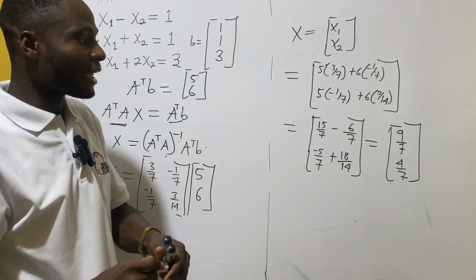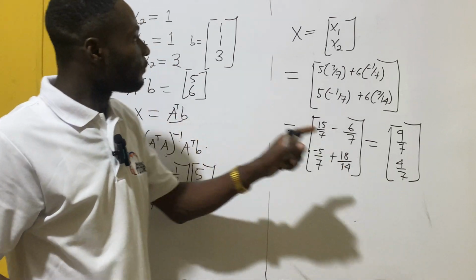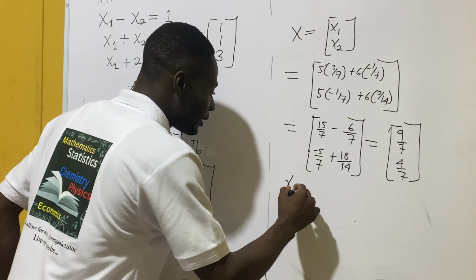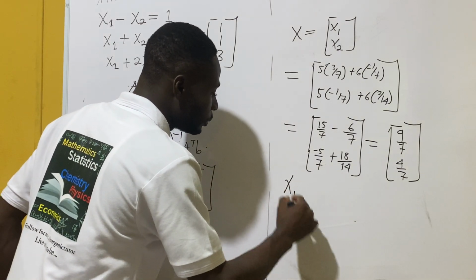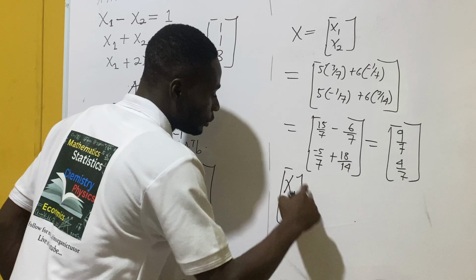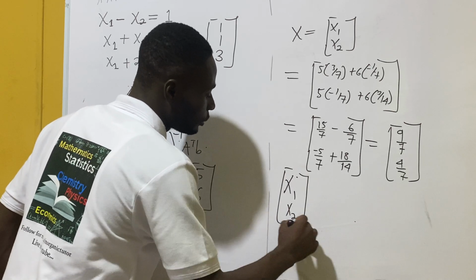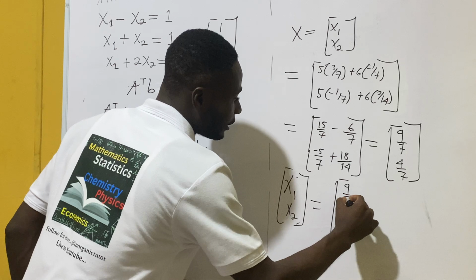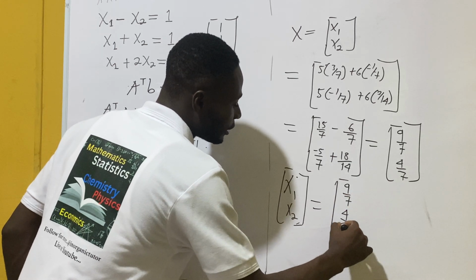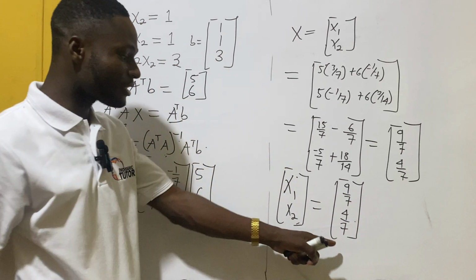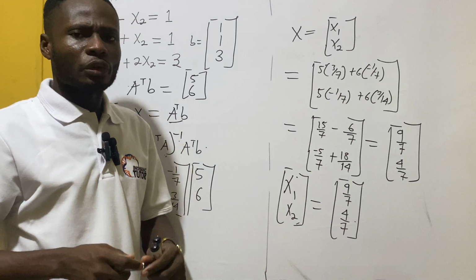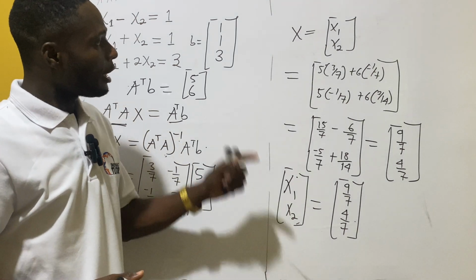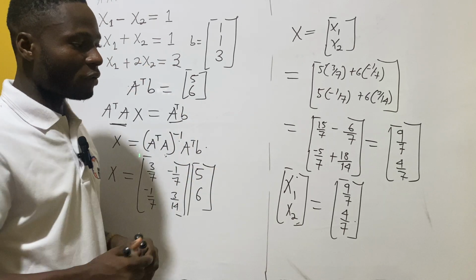So this becomes our unknowns for x1 and x2. Our x1, x2 is equal to 9 on 7 and 4 on 7. So these are the possible solutions that we can obtain for this particular three systems of equations.